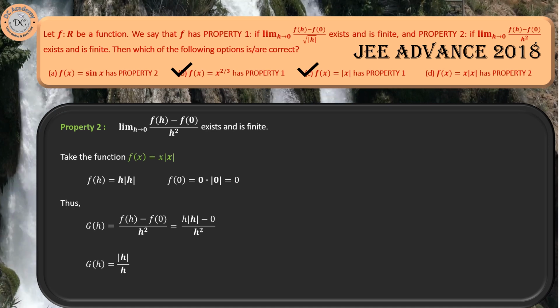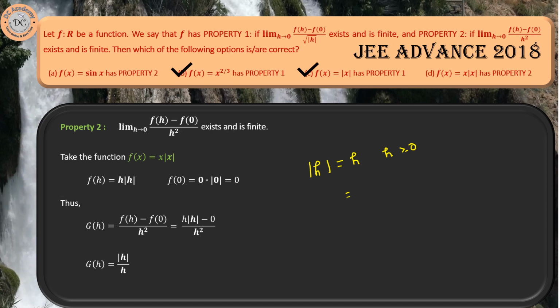That's it. Now, obviously, by default, we can understand that this limit doesn't exist, but let's go ahead and test it for the right and left limits. See that mod h is equal to h when h is greater than or equal to 0, and it will be minus h when h is less than 0.